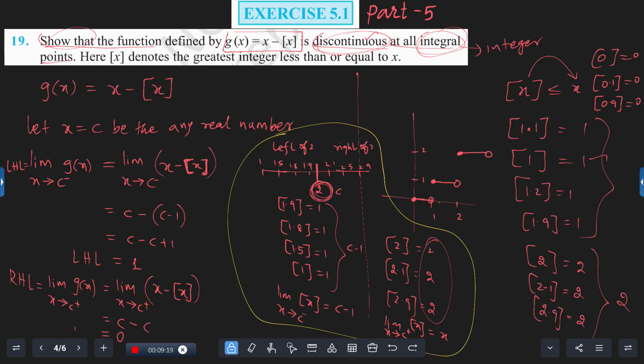So my right hand limit is 0, and the left hand limit is 1.